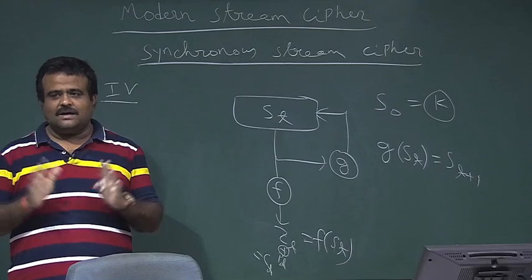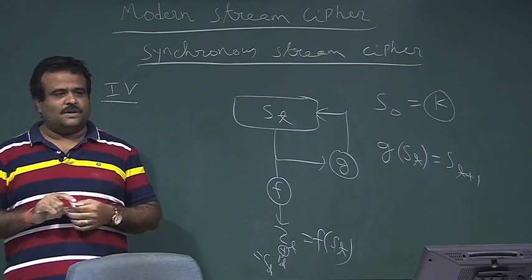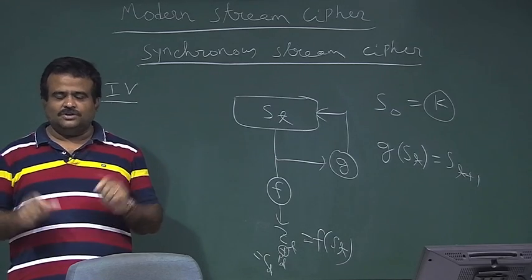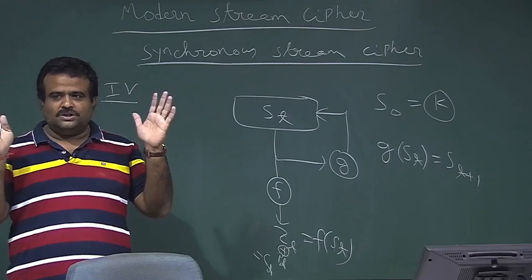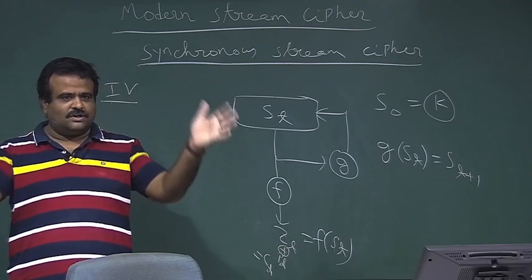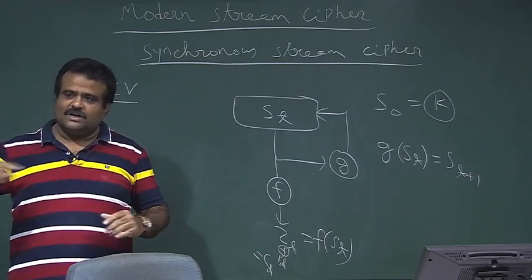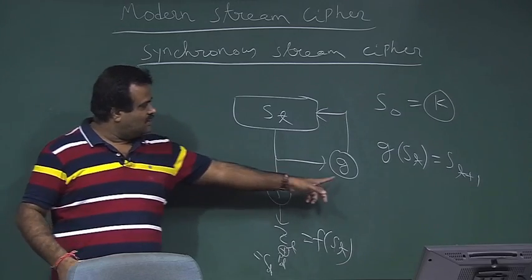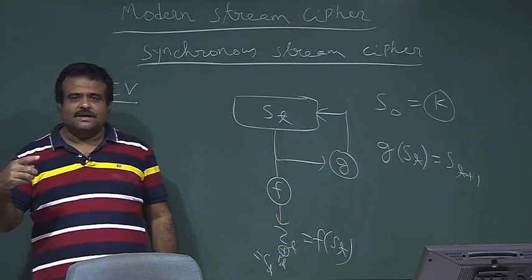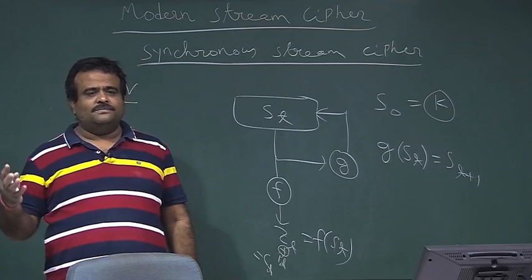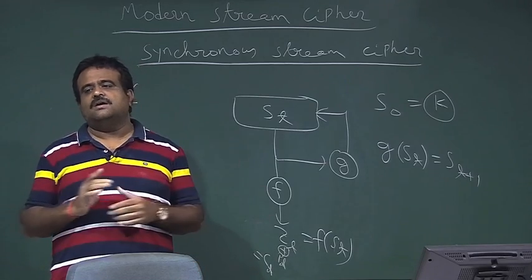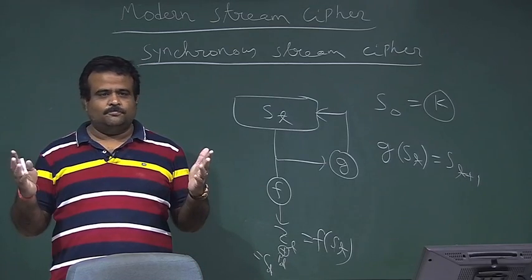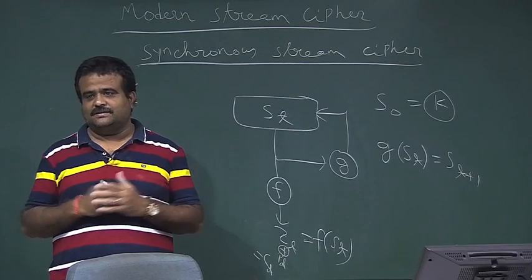Every modern stream cipher has this IV. We put this IV along with the key into the state, and then we run the state update function G some number of times, and then we reach the initial state.